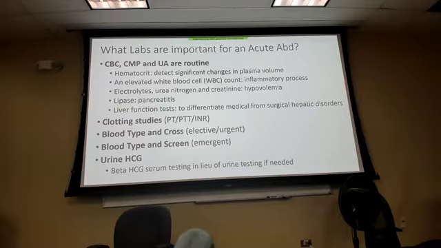We probably have replaced it with donor blood many, many times over, okay? So figuring out how their body has reacted to that blood, if it's had any different antibodies, the type and cross will find it, okay? And then for anybody of childbearing age, we do a urine HCG. If we can't get any urine, we'll do a beta HCG, the blood test, so at least we know if they're pregnant or not.